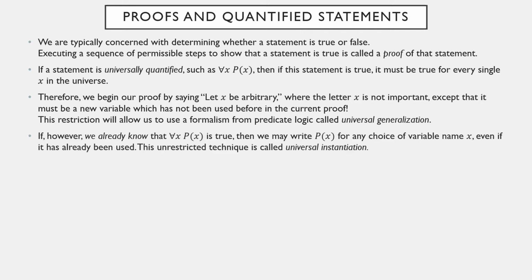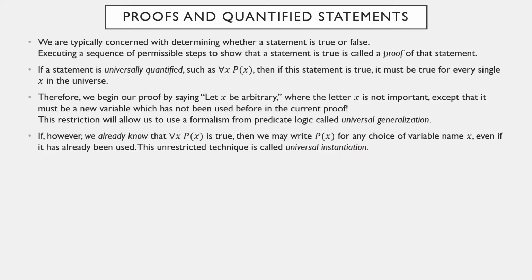If, however, you already know that a universally quantified statement is true, then what you're allowed to do is write that statement for any choice of variable, even if that variable's already been used. If for all x, p of x is true, then even if x exists somewhere else as a variable, then we can write p of x because it's true for everything, it's true for that one.